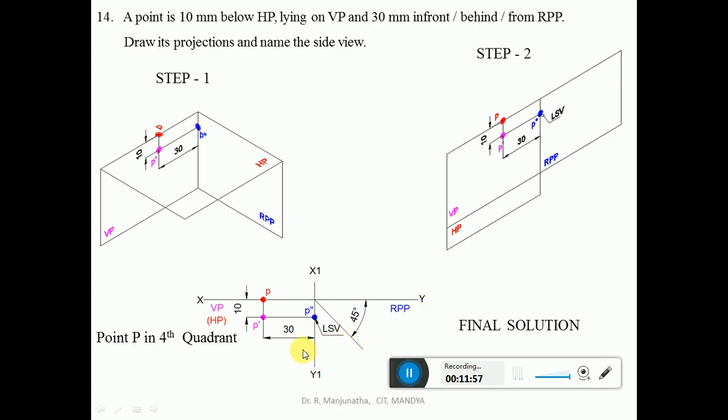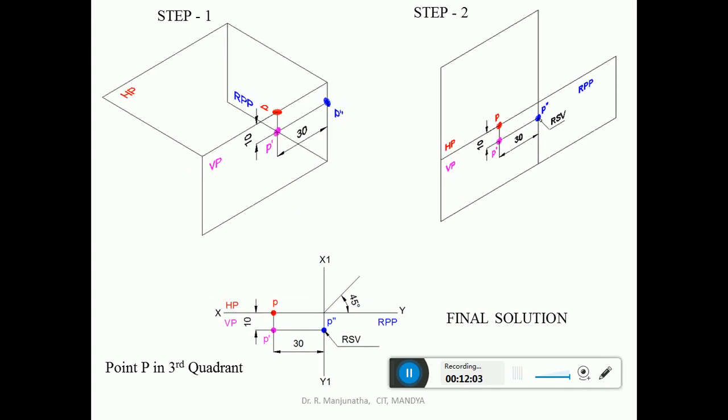That means either you can write the projections of the point in the third quadrant or the projections of the point in the fourth quadrant. But we can mention that the point capital P lies in the third as well as the fourth quadrant, except that in the third quadrant the point in the right profile plane will be the right side view, and in the fourth quadrant the point capital P in the profile view will be the left side view. So this is how we can solve this problem manually.